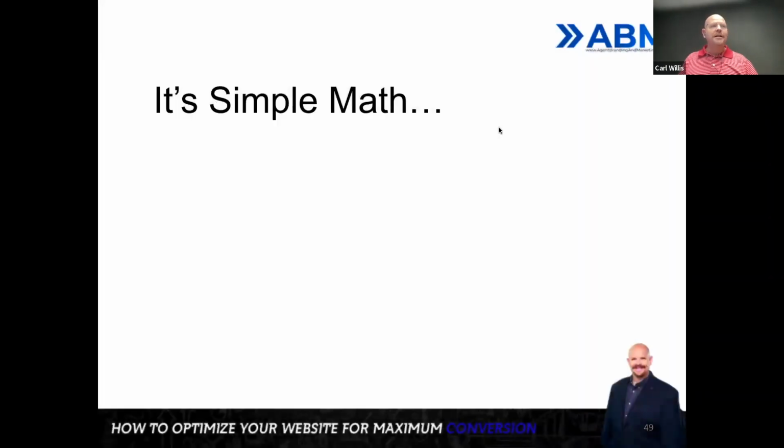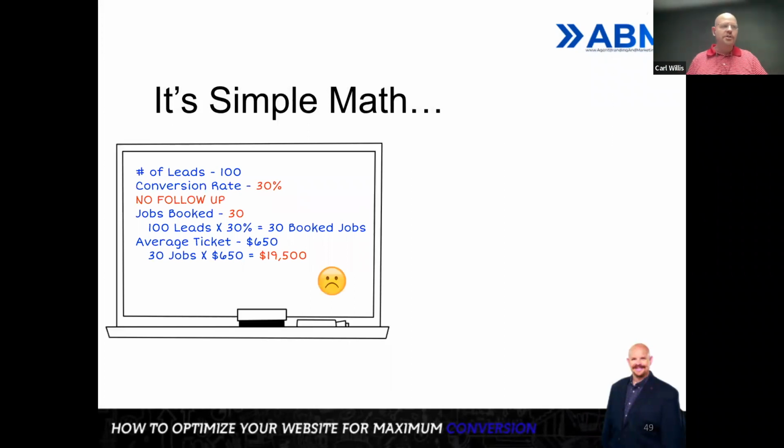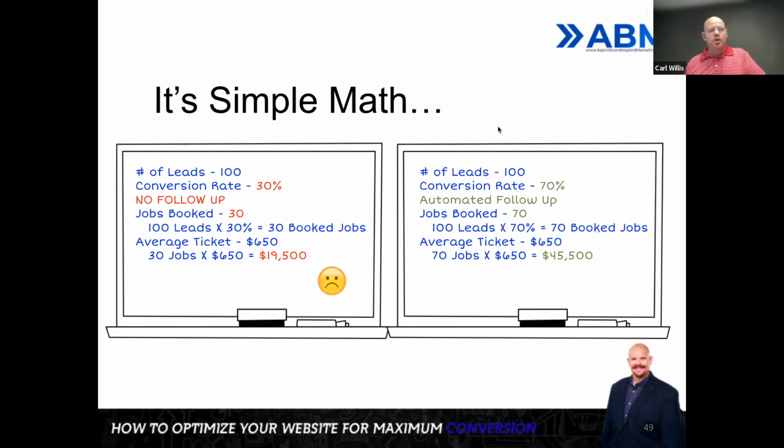When we do that, here's what happens. We actually increase our conversions astronomically. And I'll give you 2 examples. We have 100 leads. Our conversion rate on our follow-up is 30%. So the lead comes in, out of every lead we get, 30% of those are going to convert to closed business.